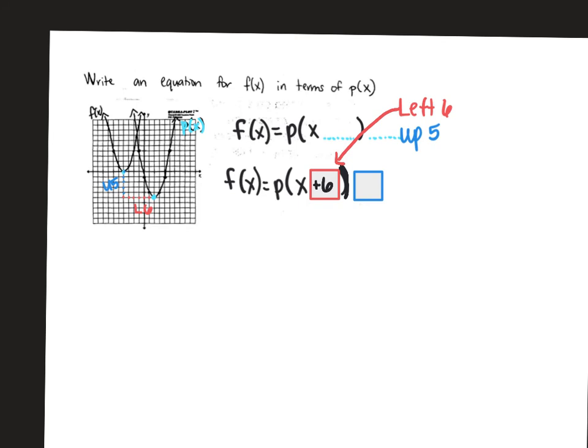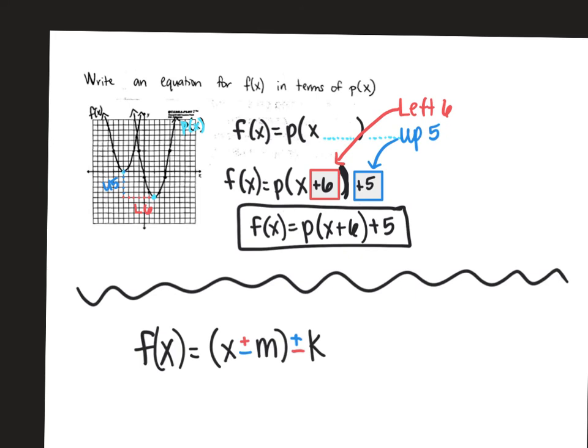And then up or down goes outside our parentheses, and up is plus 5. So our final function says f of x equals p times x plus 6, because it moved left 6, parenthesis plus 5, because it went up 5.